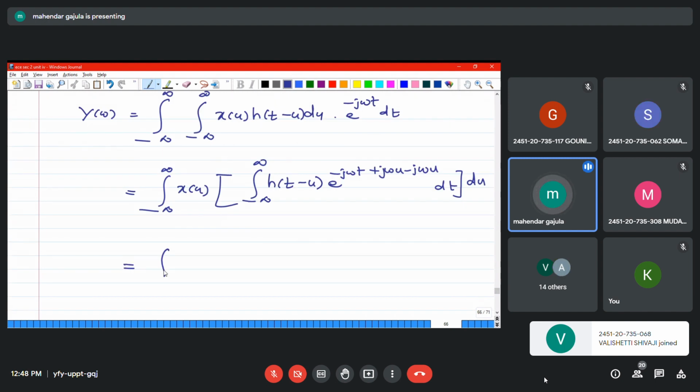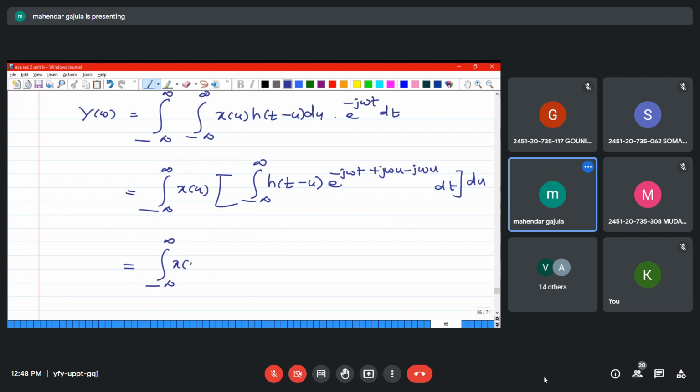Let us write it again like this: integration of x(u), integration of h(t minus u) e power minus j omega (t minus u) dt, and let us write e power minus j omega u outside.